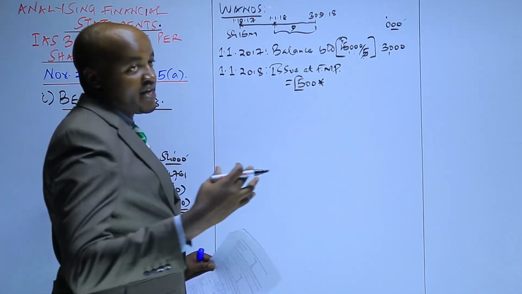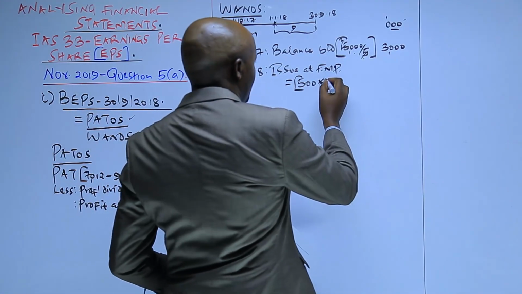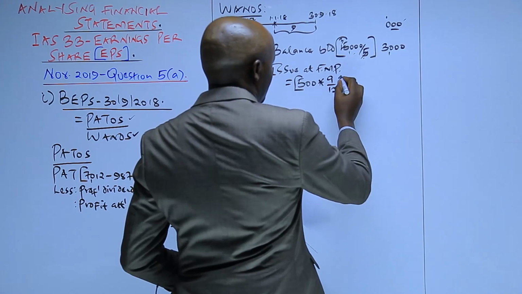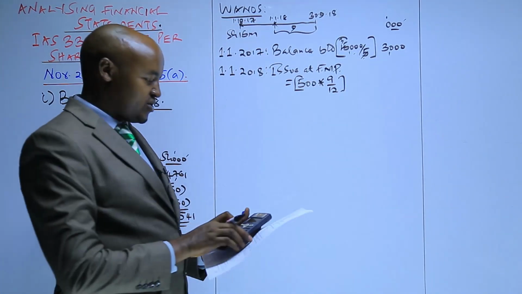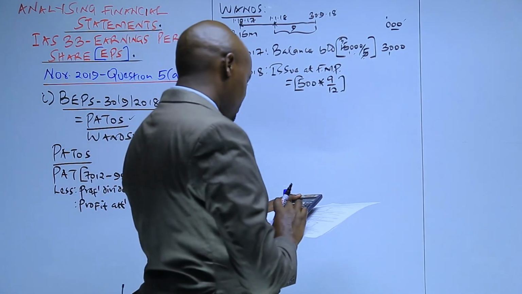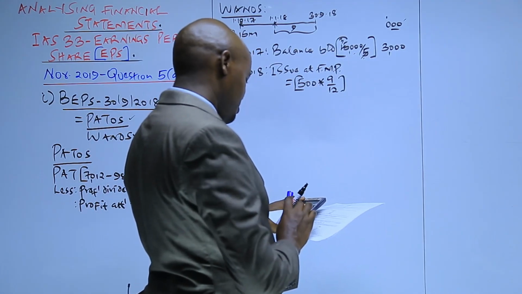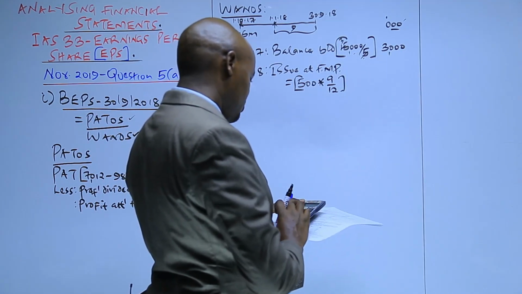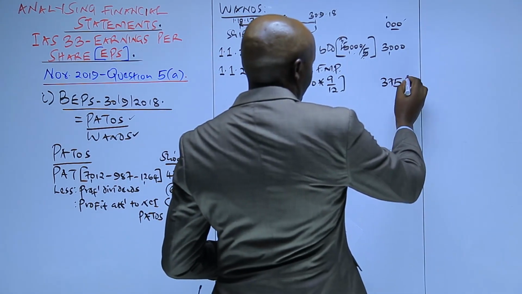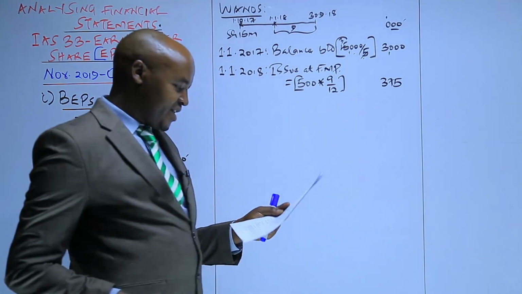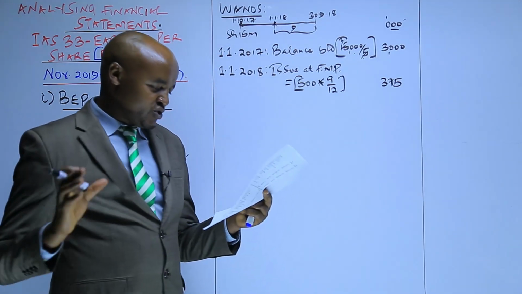So we have 500,000 times 9 divided by 12. That will give us 375.